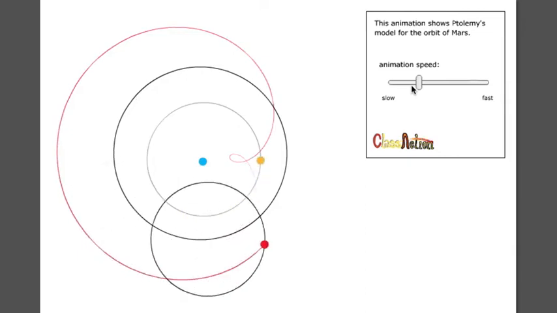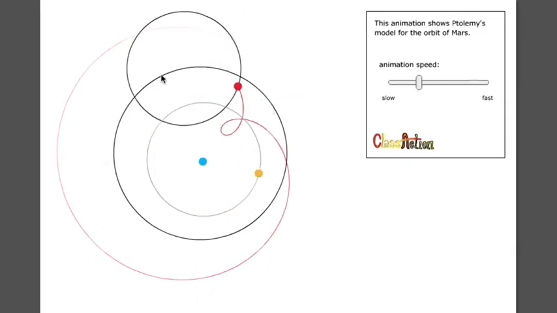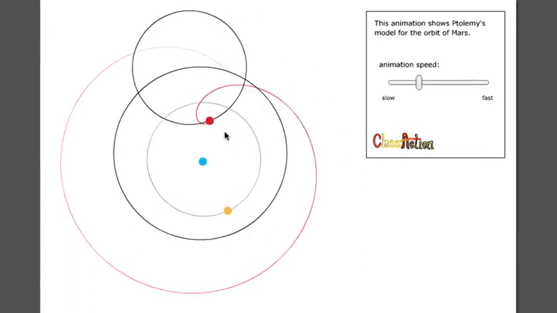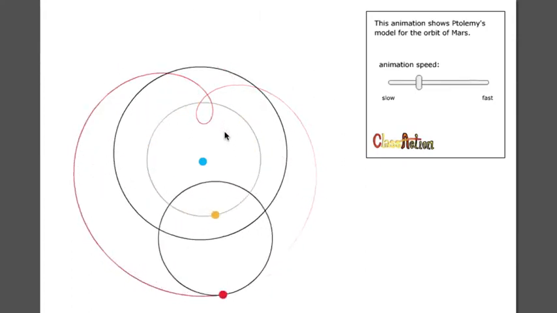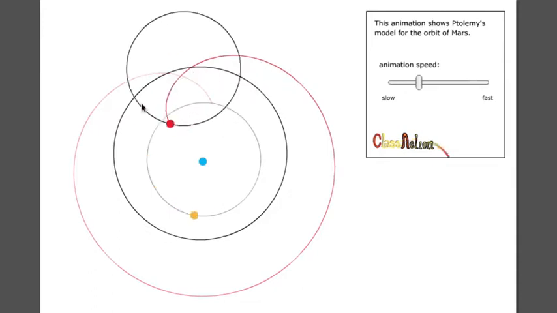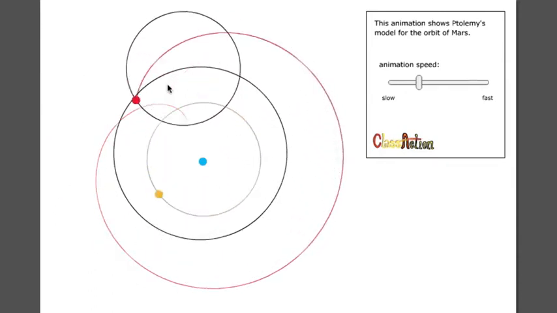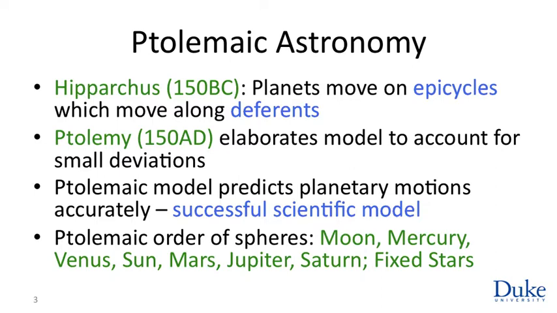In the simulation, Mars is sometimes moving faster, sometimes slower, and sometimes even retrograde. And so, along these principles, by combining a deferent with an epicycle, one could describe the motions of the planets as we see them. Explaining how it is that sometimes a planet moves faster and sometimes slower is one thing.